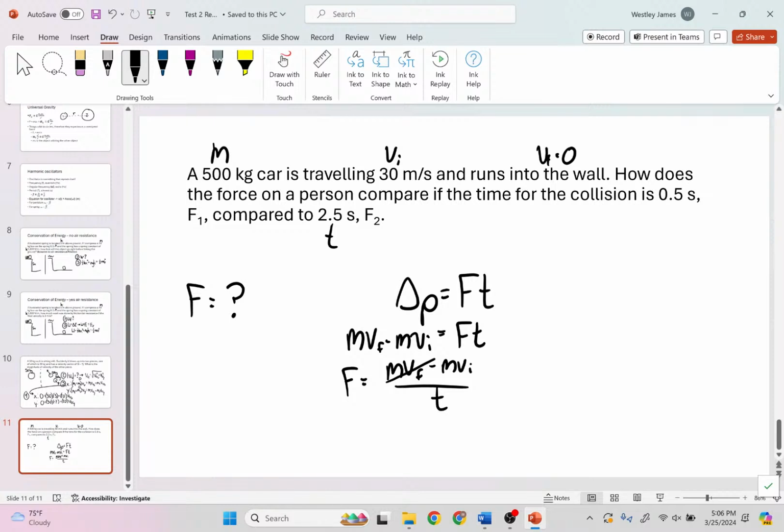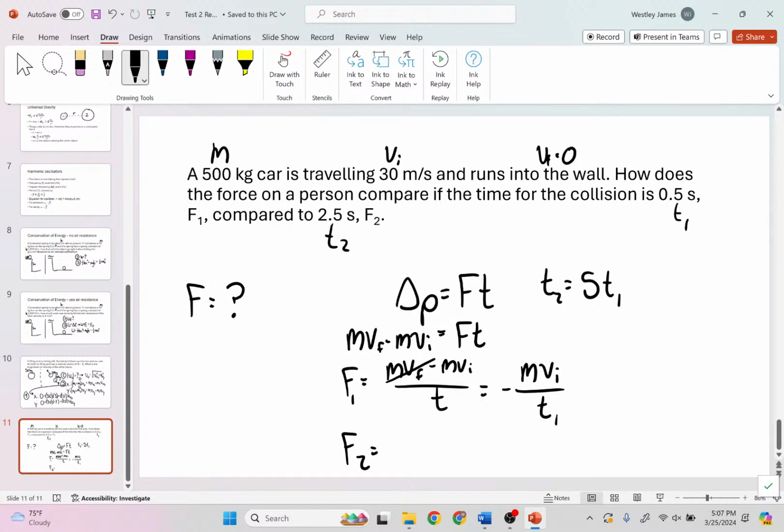The other way you could do this is you could recognize, if we call this one time 1 and this one time 2, that time 2 is 5 times time 1. So the force is going to be negative m v initial over t. This is my original one, we'll call this F1, so T1.